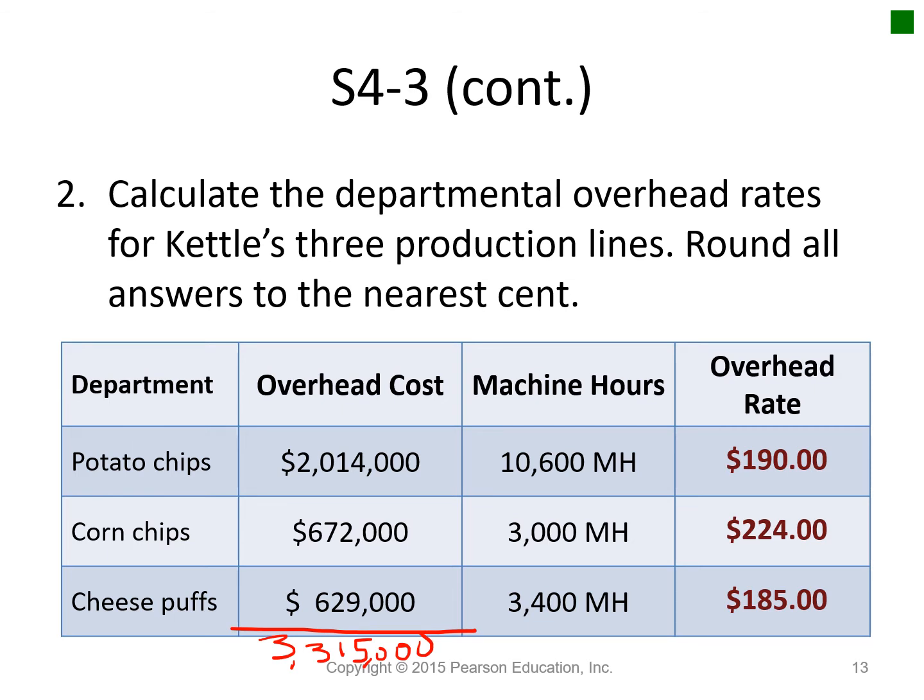And then of course, if you go back and look at the machine hours pertaining to each particular product line, you've got 10,600 for potato chips, 3,000 for corn, and 3,400 for cheese puffs. So you can basically divide these, and notice you get 3 different overhead rates that could be used for each particular department.